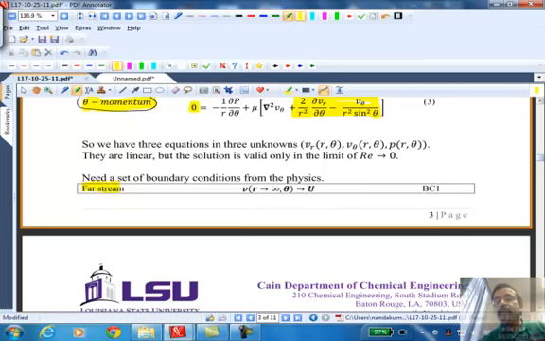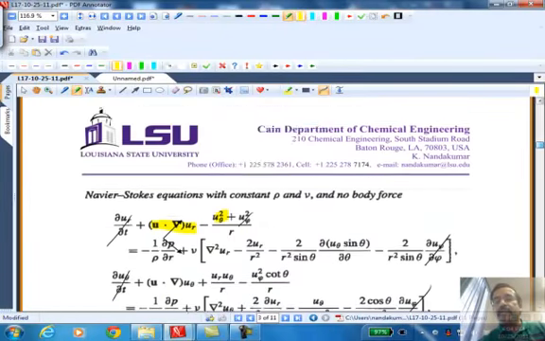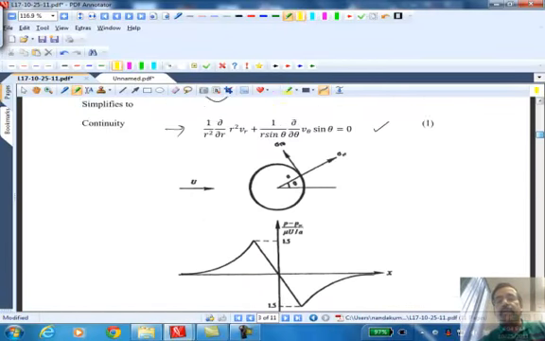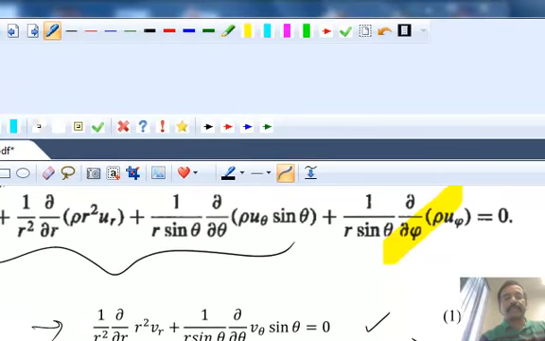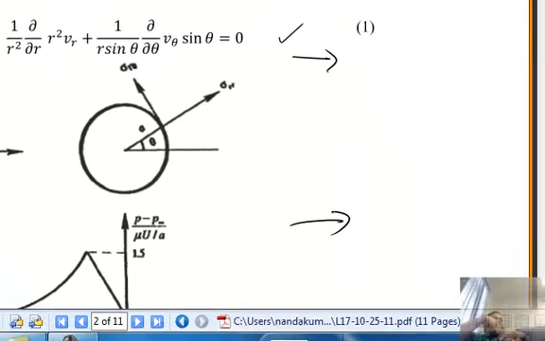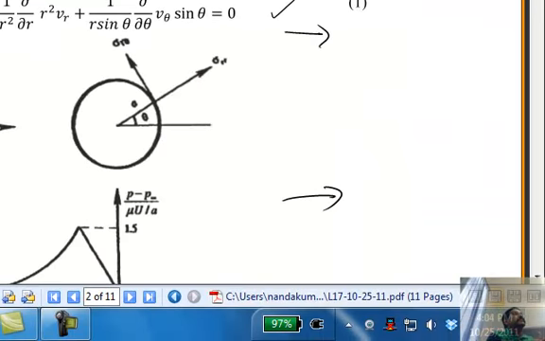Okay, so if you go back to this picture, what would be the velocity profile as you go far away from this? Far away, it's going to be simply u. Because as you go farther away, the velocity field does not feel the presence of the particle. Near it, it's going to turn around. Okay, so the velocity vector will be tangent to that.